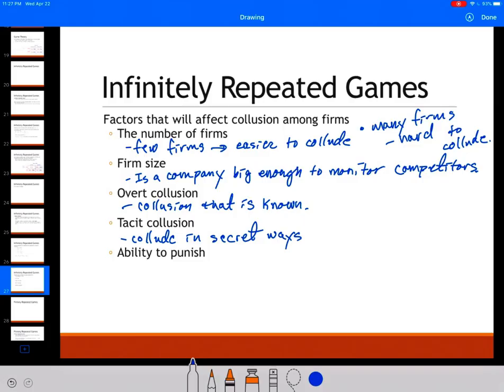There are ways that airlines can divide up routes, but then when the Department of Justice gets after them, they can say, I don't know what you're talking about. We just flew these routes. We didn't talk, right? So there are secret ways that companies can try to collude, and we call it tacit collusion. You can kind of wink, wink, nod, nod, and collude in these ways. It's really difficult to detect. Okay, so it is difficult for the Department of Justice to detect.